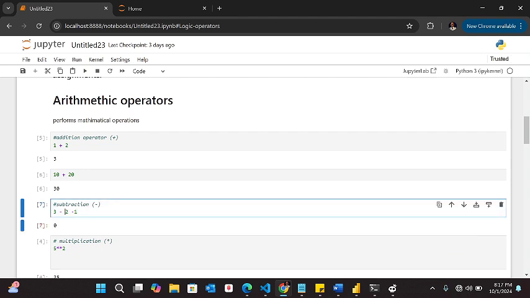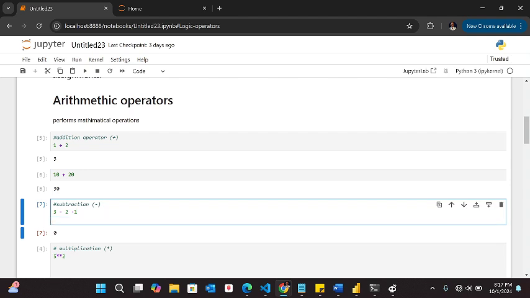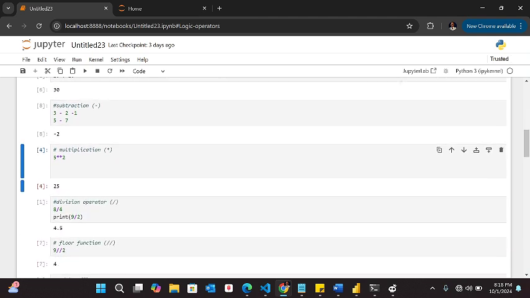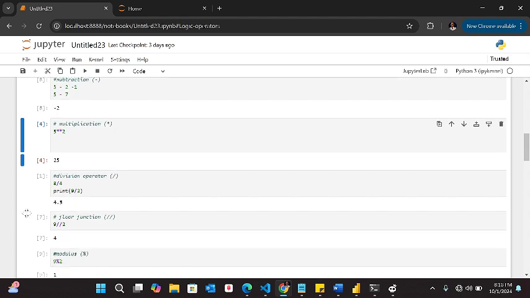So you can use it to perform operations on two or more values. Let's still have 5 minus 7. You see, it still gives us the value in the negative. So it works both ways: positive numbers, negative numbers, decimal numbers, whole numbers. You use the arithmetic operators to perform operations on them.